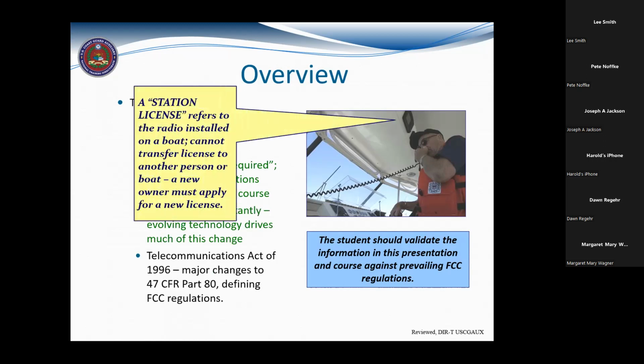We're going to be talking about station license, which involves the license for the radio and the boat owner, all of which have to be designated on radio licenses. If the boat is sold, if you get a new owner, if you get a new boat, you need a new license, and it all starts all over again.